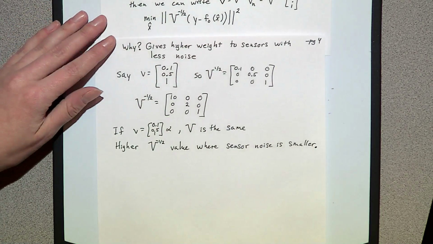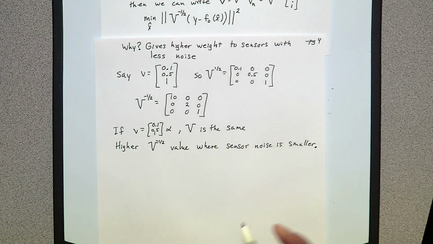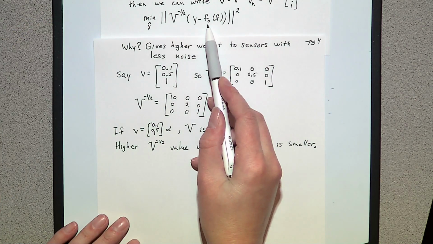So how do we actually solve the minimization problem? Depends on the nature of this f0.